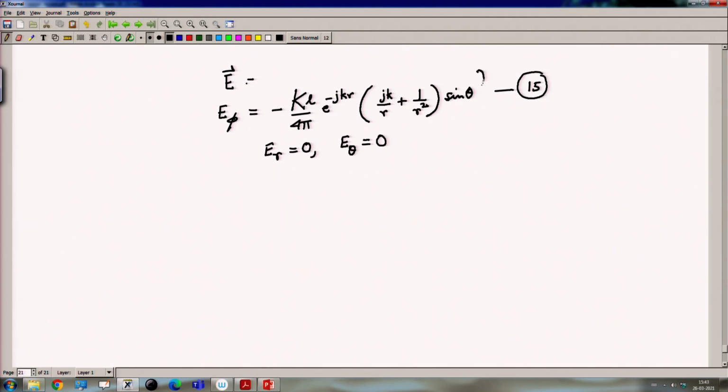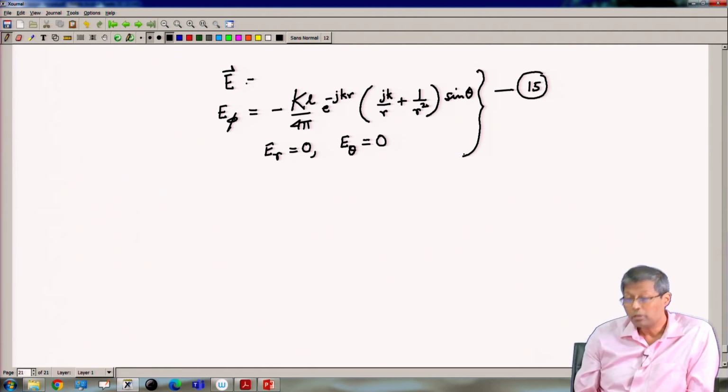So, we can club all of them into equation 15. So, let us stop here. We will next calculate the radiated magnetic field components by the magnetic current source. Thank you.